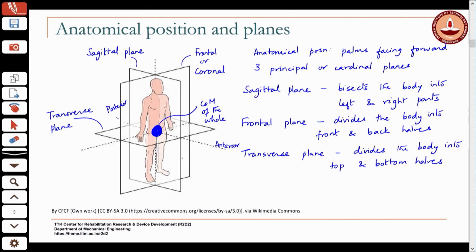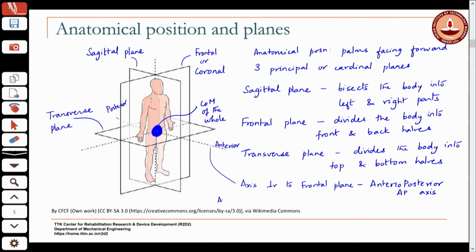So, this axis that is perpendicular to the frontal plane is called the anterior-posterior or AP axis. When we talk about the AP axis, we are talking about an axis that goes from the front to the back. That is the axis perpendicular to the frontal plane.